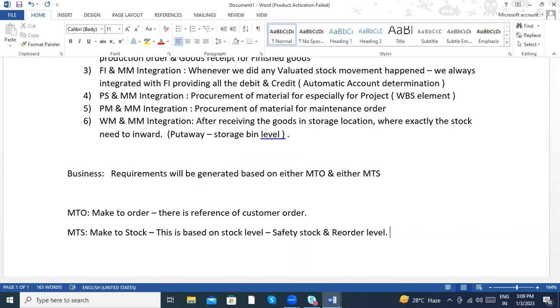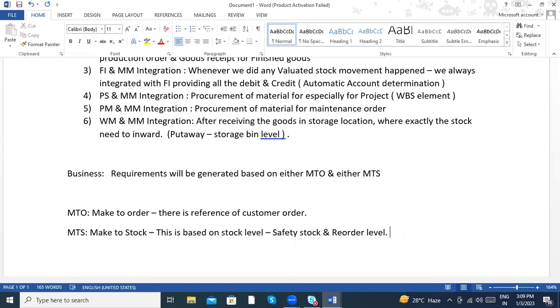Day after tomorrow it is 60 quantity. Still it is above the safety stock, the stock levels are good, because as per my planning my reorder point level is 50 quantity. But two days after, if I see that there is a 40 quantity, suddenly the stock is getting down.